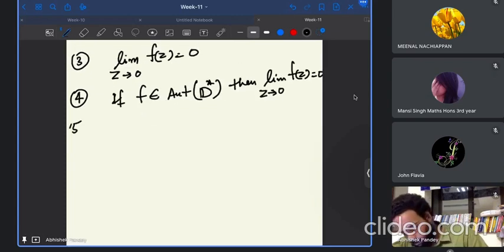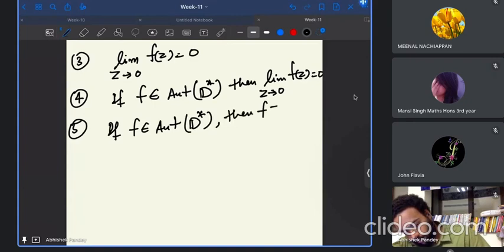Fifth, if f belongs to the automorphism of the punctured unit disk, then f(z) is nothing but a rotation.